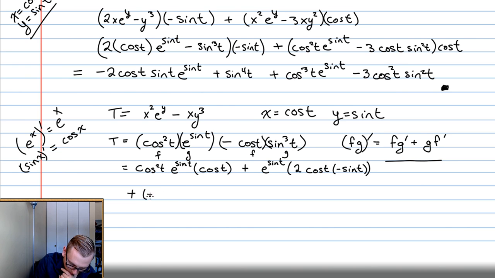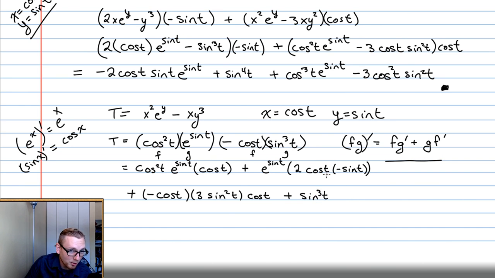F first, so we've got minus cosine of t times the derivative of sine cubed t, which we'd bring down the 3, sine squared, derivative of sine is cos, times cosine t. Again, now we've got g f prime, so plus sine cubed t times f prime, the derivative of cos is minus sine. A minus times a minus would cancel out, so I'll just write sine t.